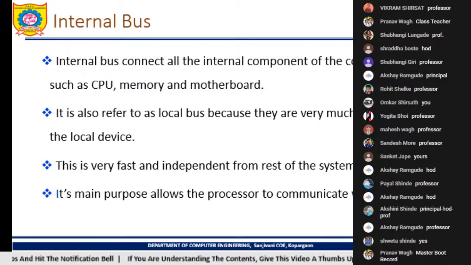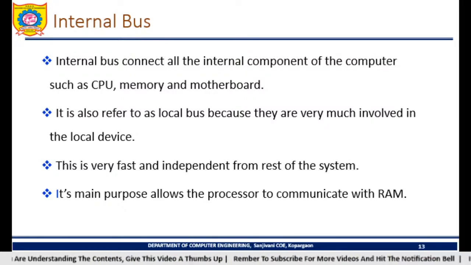Which buses are fast enough, internal or external, and why? I want your responses. If we compare internal and external buses, which one is fast?